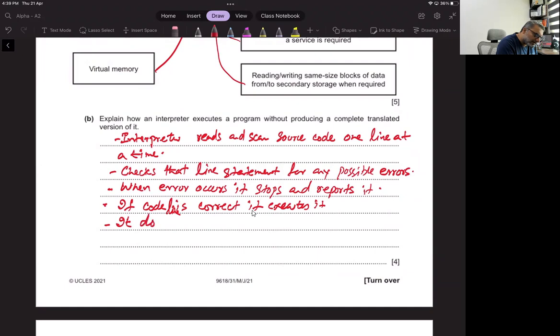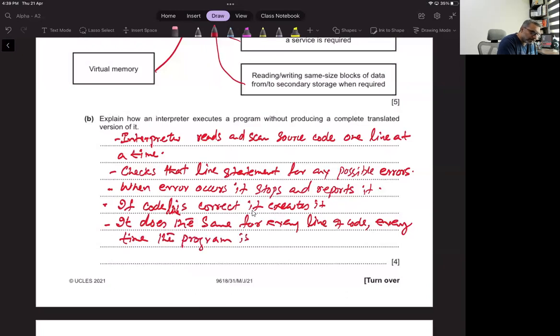It does the same for every line of code every time the program is executed. So that's it.